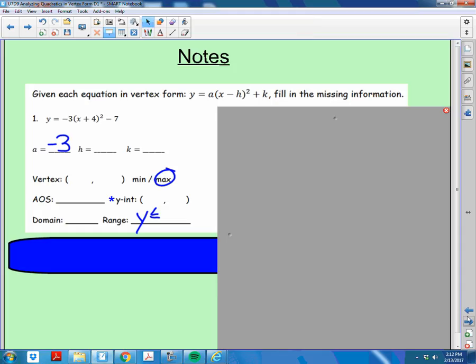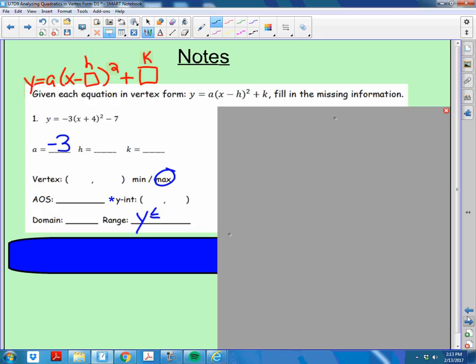Now, here's where you need to just watch for a second. Our formula is y equals a times (x minus h) squared plus k, where this is h and this is k. Now, do the signs match inside the parentheses?